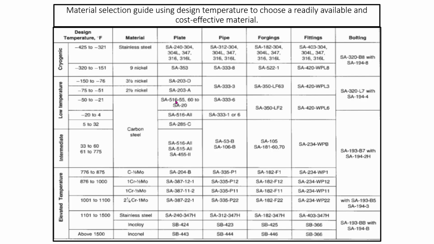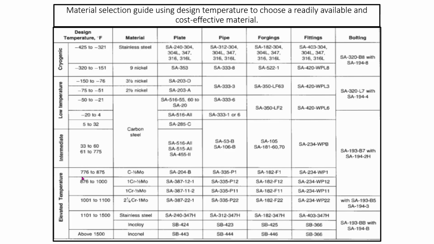Then your plate material would be SA 516 Grade 55, 60, 65 meaning strength 60, 70 is also available, SA 20 is also available, SA 333 for pipe material, forging will be SA 350, and fittings will be SA 420 WPL6, and the bolting material will be like this.